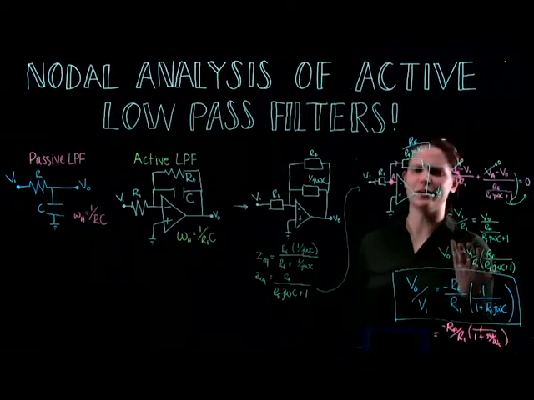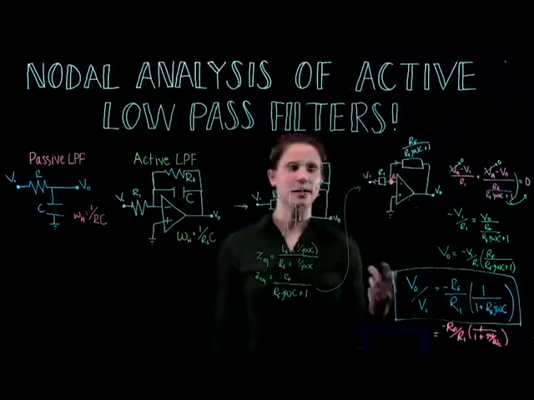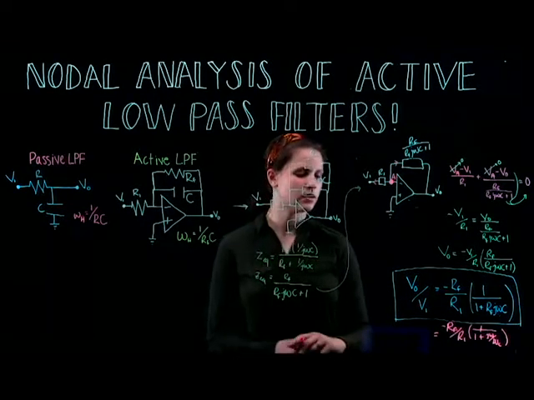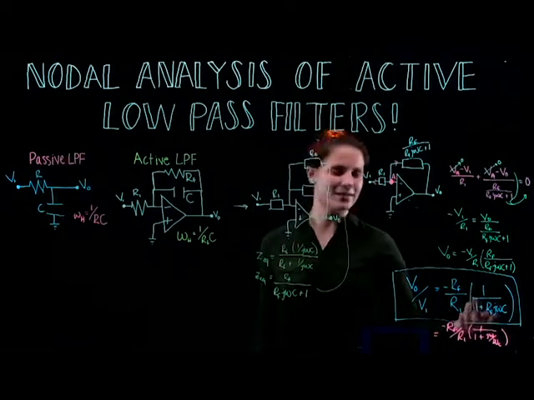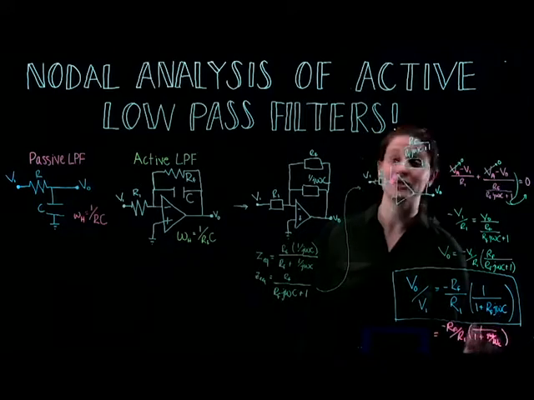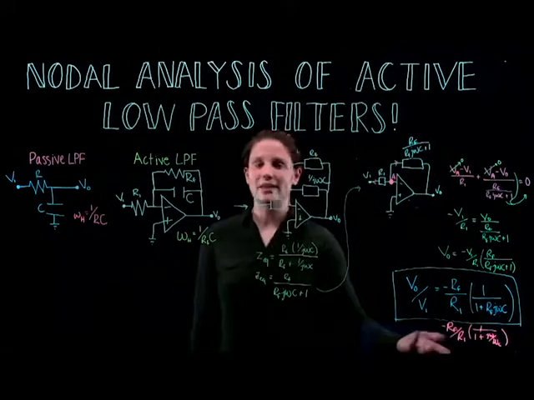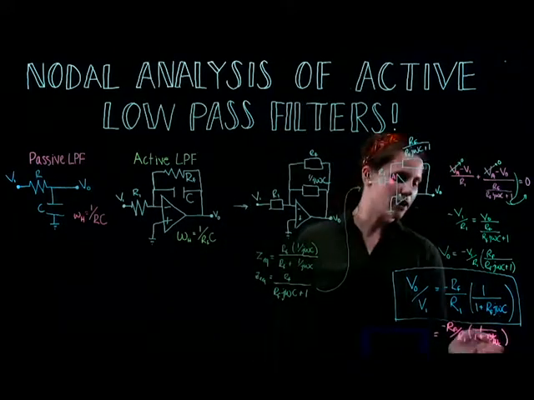And how we know we can do that is we know that the cutoff frequency for the low-pass filter is just 1 over RFC, and with some basic algebra you get that. But this is how you put it in terms of a cutoff frequency.